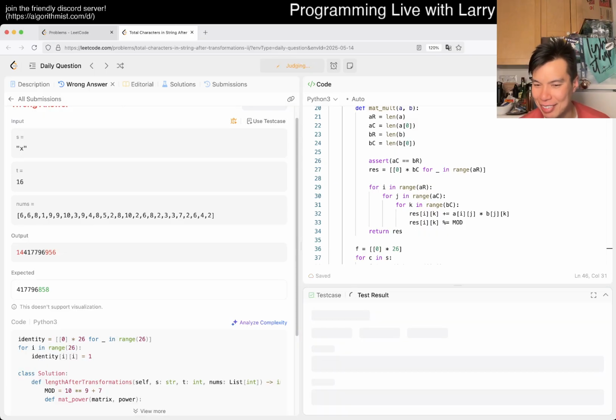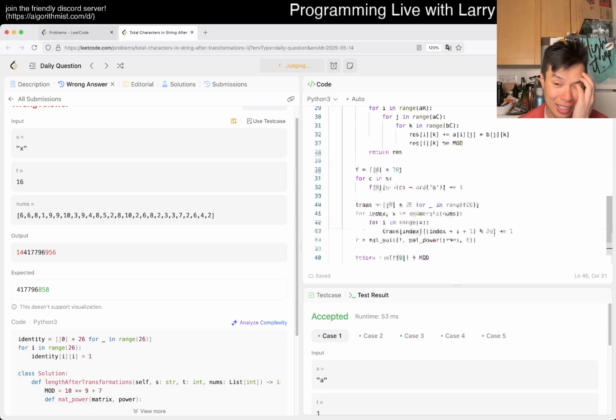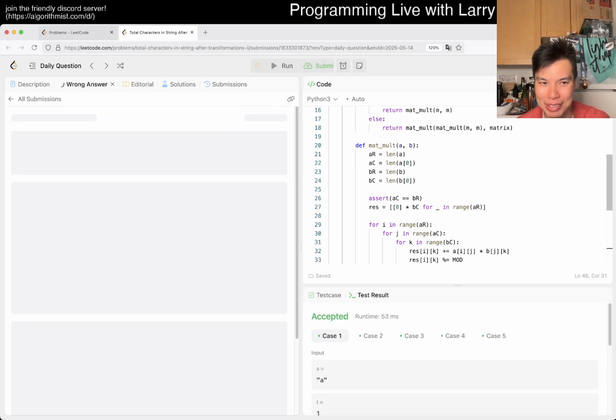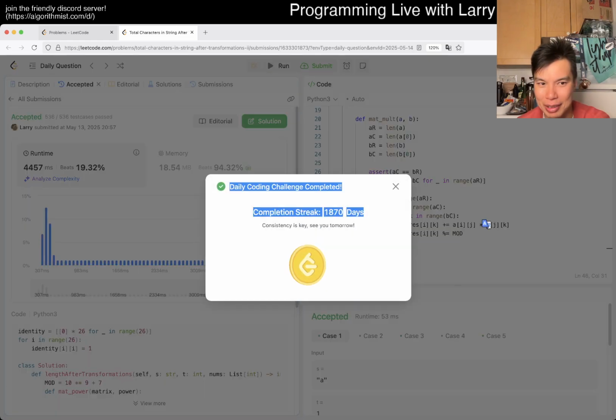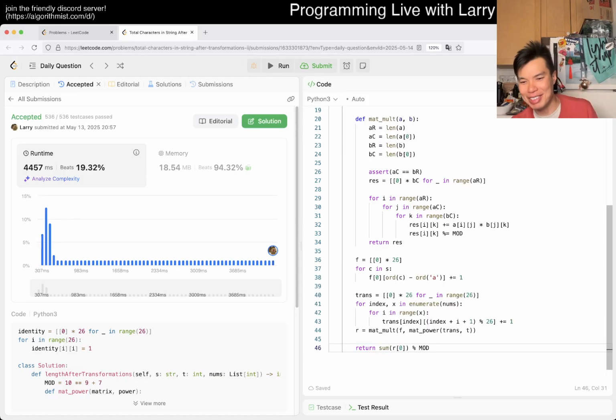Clearly, I have a typo that I did not think of, and okay, that's just damn it. I mean, it may still time out just because of this thing, and that would be fine. But yeah, 1870-day streak, so we're happy about that. But honestly, we wasted about 10 minutes of me just debugging, but the code was mostly right.